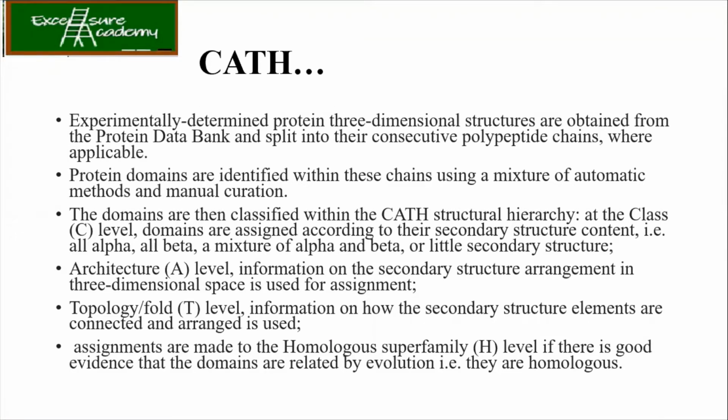Now, what is CATH? As already mentioned, it is a database where you can study the three-dimensional structures of a protein, and also the domains present in it. So in CATH, at the class level, the domains are assigned according to their secondary structures, that is, all alpha, all beta, a mixture, and little secondary structure.